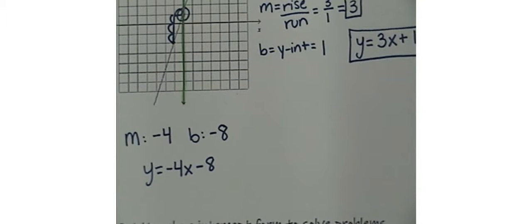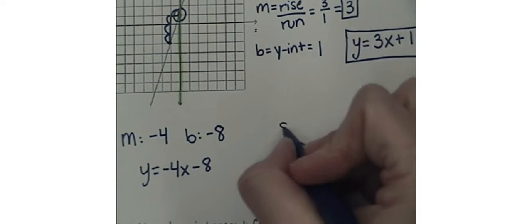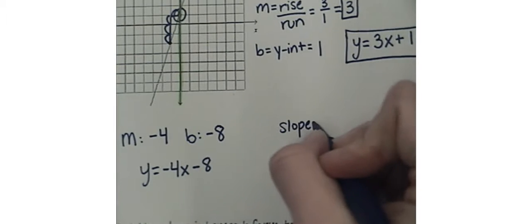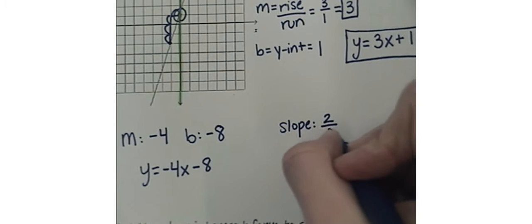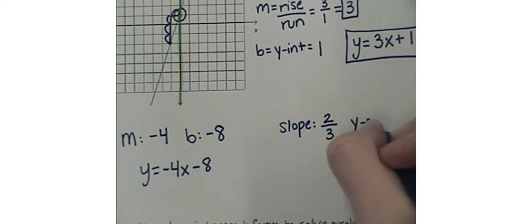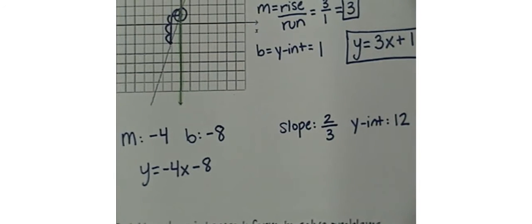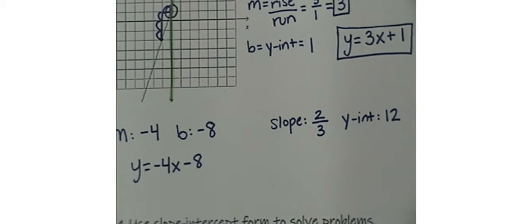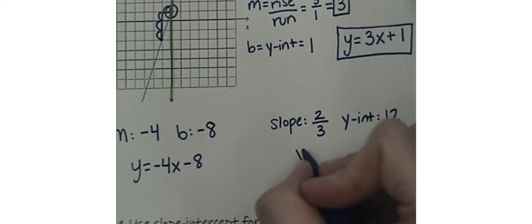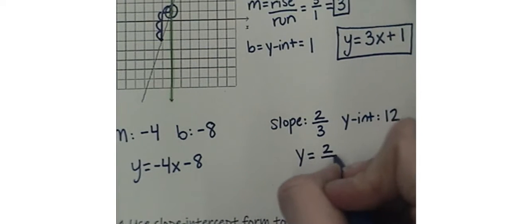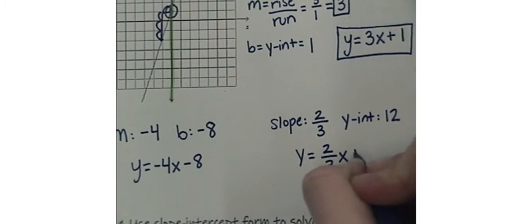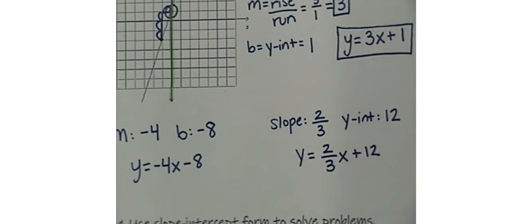And let's try another one. If I tell you your slope is 2/3 and your y-intercept is a positive 12, can you write it? Y equals 2/3 x plus 12.